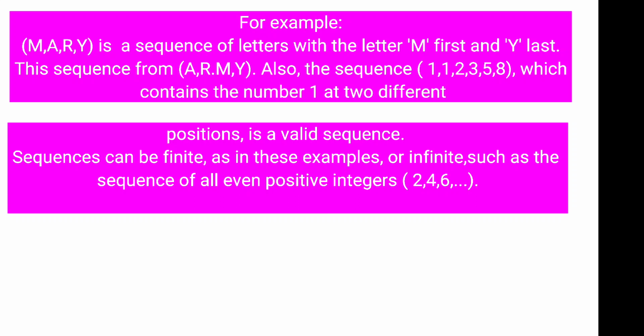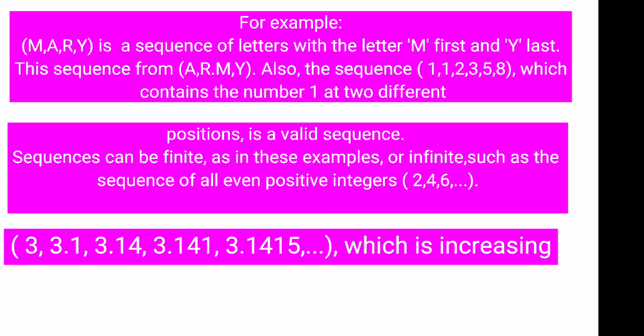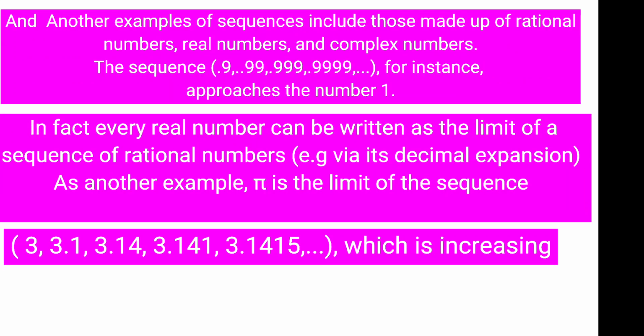Sequences can be finite as in these examples or infinite such as the sequence of all even positive integers 2, 4, 6, and so on. Other examples of sequences include those made up of rational numbers, real numbers, and complex numbers.